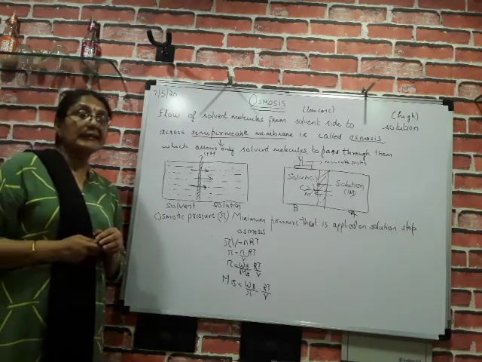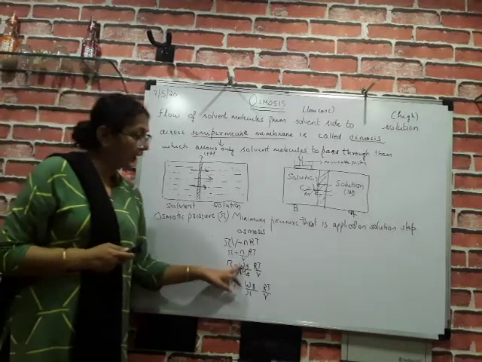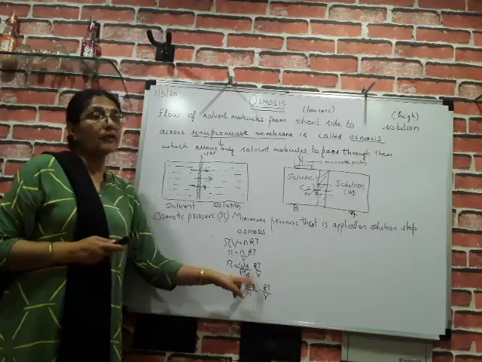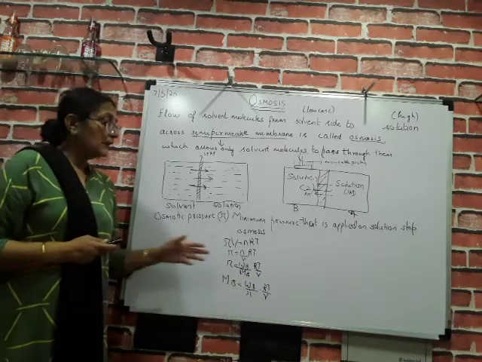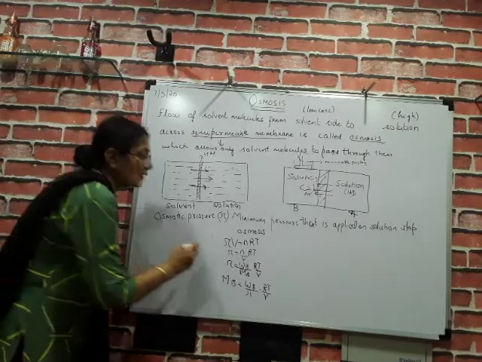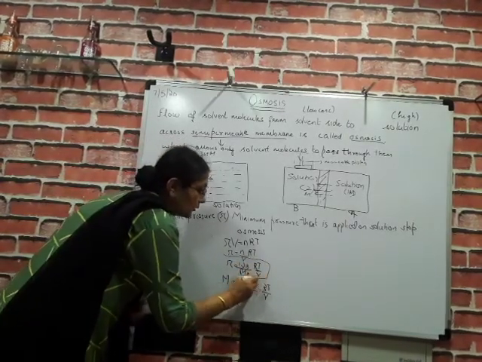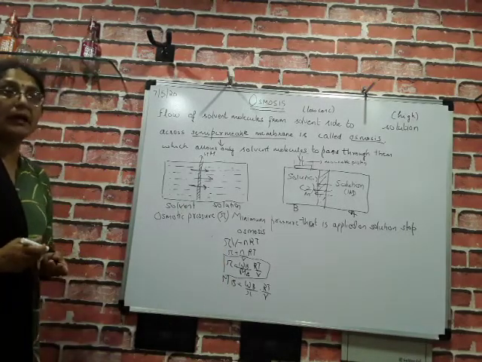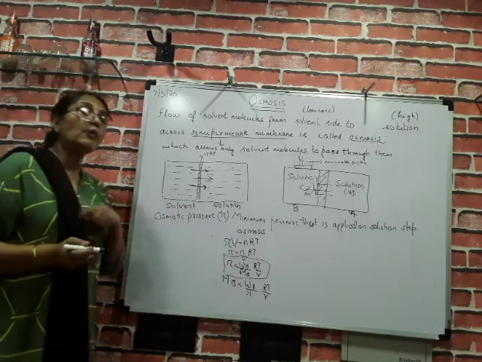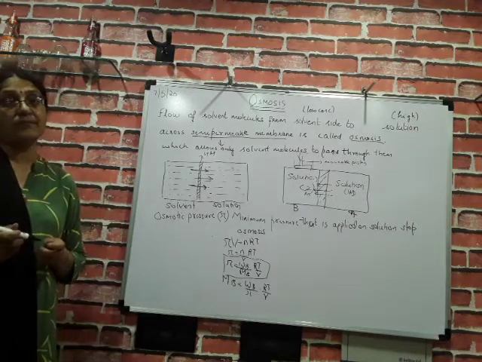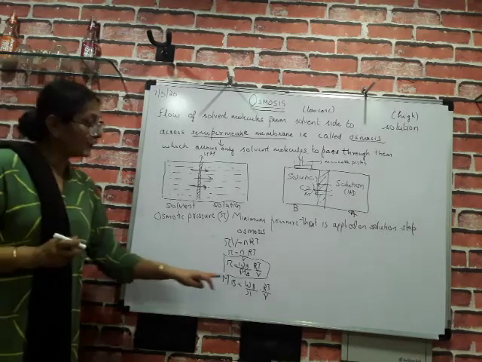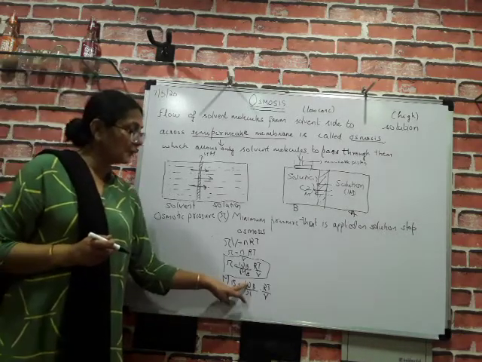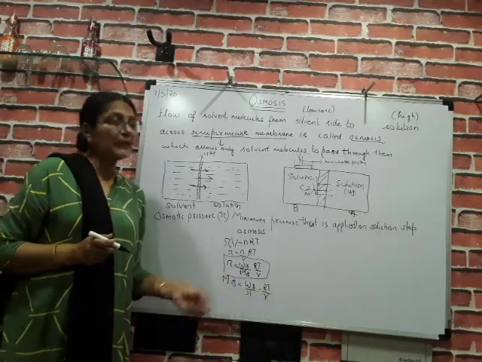So I can write, instead of n, WB upon MB into RT upon V. And in this way, osmotic pressure is equal to WB upon MB into RT upon V. Or if I want to determine the molar mass of a solute, molar mass will be taken this side and the equation will become MB equals WB upon pi into RT upon V.